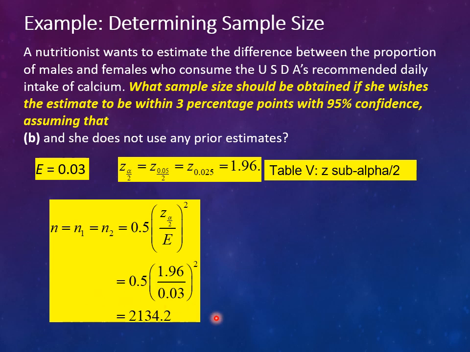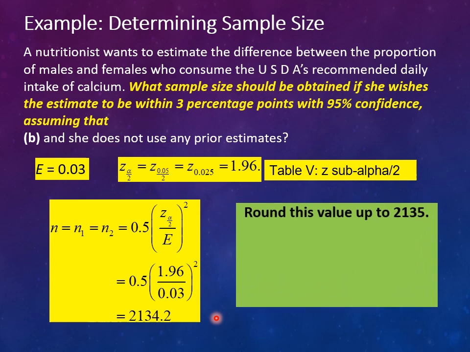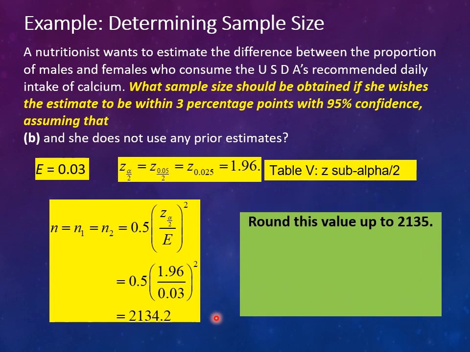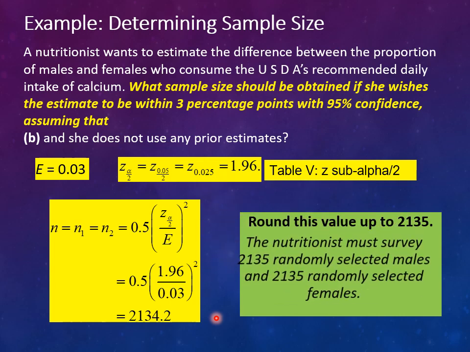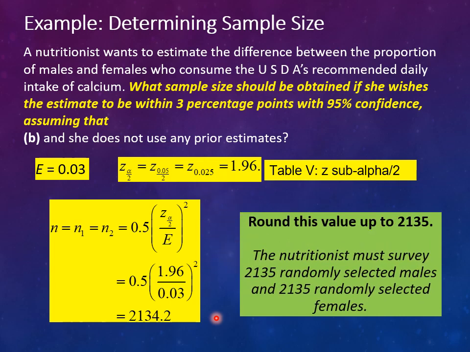And what we get is 2,134.2, which of course we're going to round up to 2,135. You always round up. And this gives us that the nutritionist must survey 2,135 randomly selected males and the same number of randomly selected females. So that's the end of our lecture for 11.1.